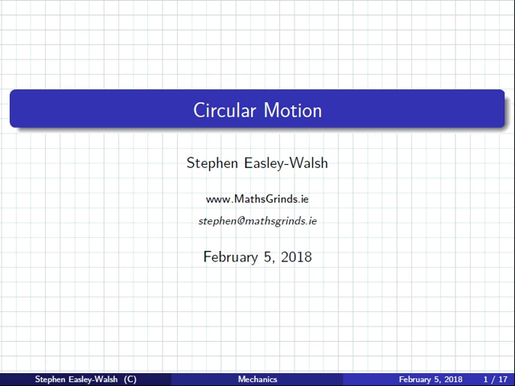Now, what you should do at home, what question have you done? 3. This is number 5, with the gun and the block. That's an important example.